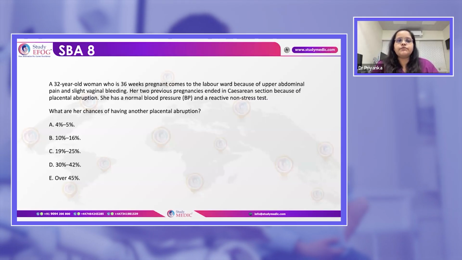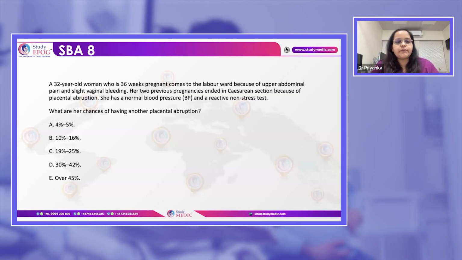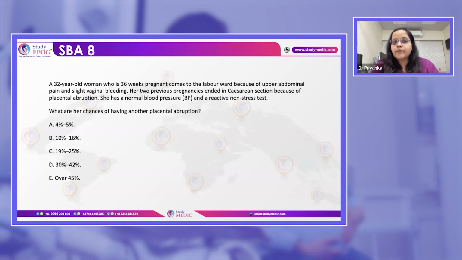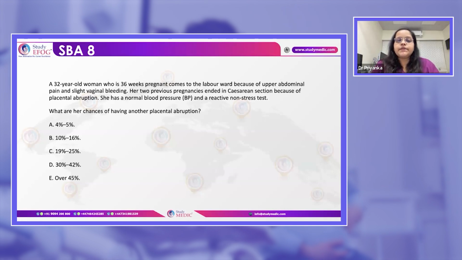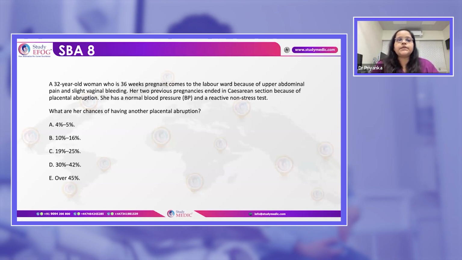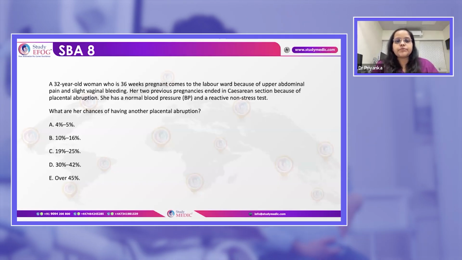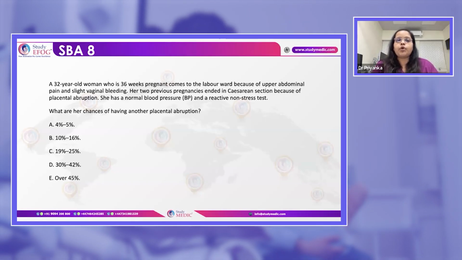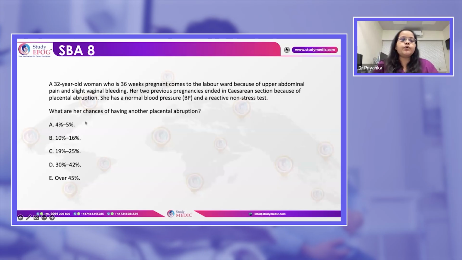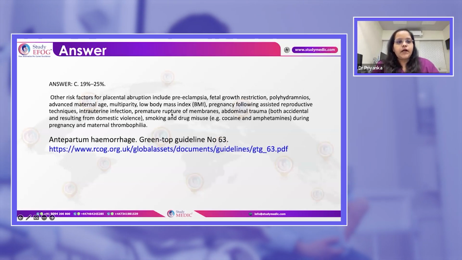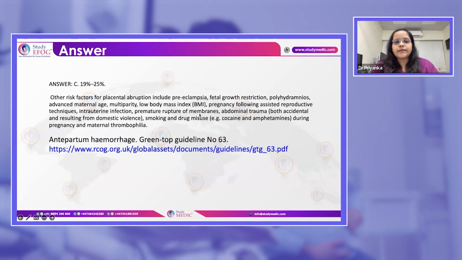So the question is, if she had two previous pregnancies affected by placental abruption, what are the chances of having another placental abruption in this pregnancy? As we discussed, if there is one previous history of placental abruption, then the risk goes to 4.4% in this pregnancy. If there are two previous histories of placental abruption, the risk in this pregnancy is almost 19 to 25%, answer C. Again, I would like to emphasize the risk factors of placental abruption.